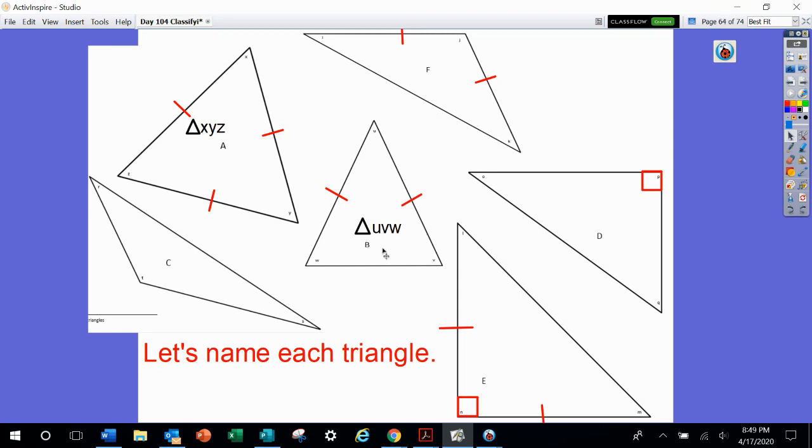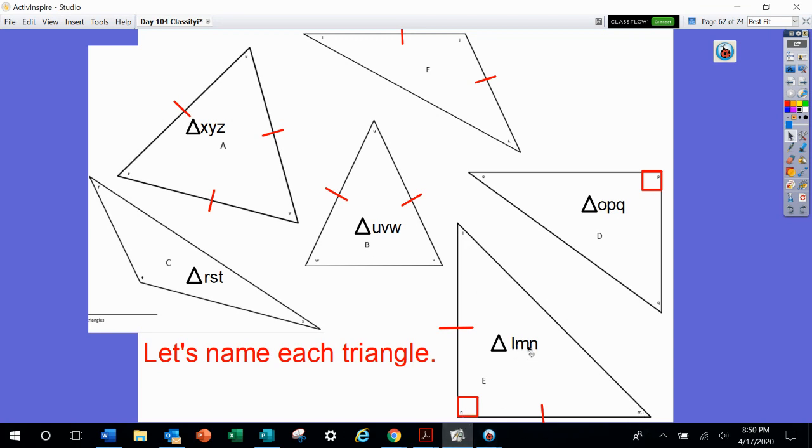This triangle, which we were calling B, should actually be called triangle UVW. This triangle, which we were calling C, should be called triangle RST. This triangle, which we were calling D, should be called triangle OPQ. And this triangle, which we were calling E, should be called triangle LMN.